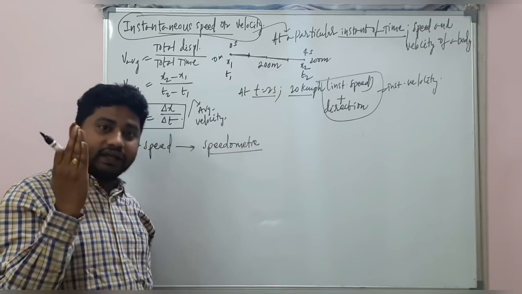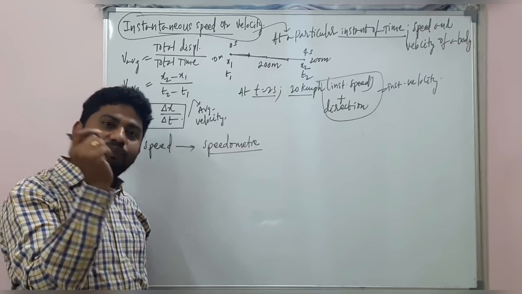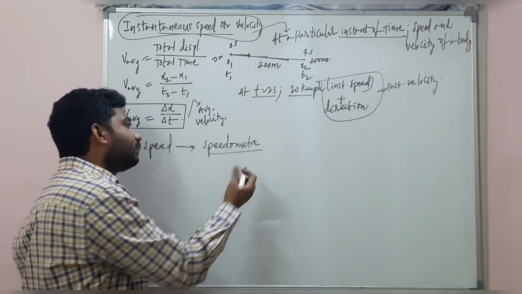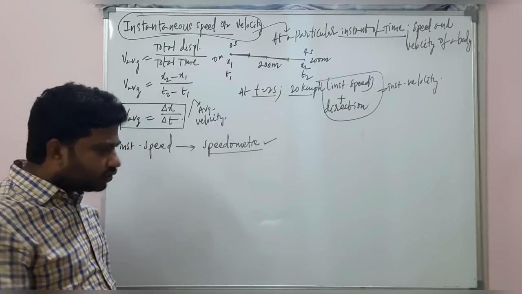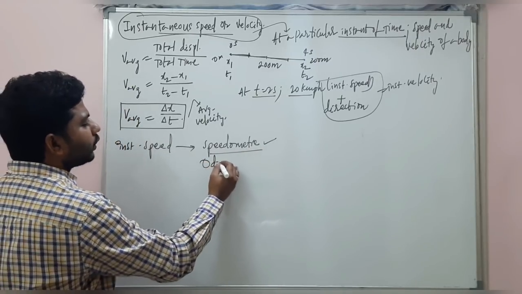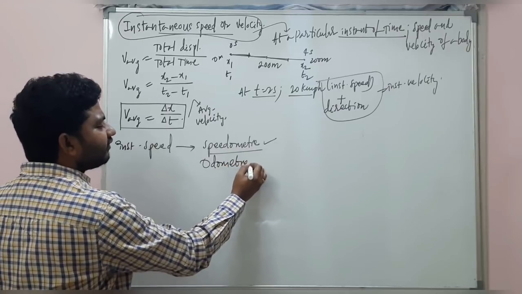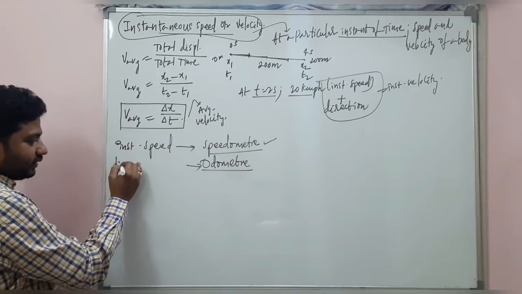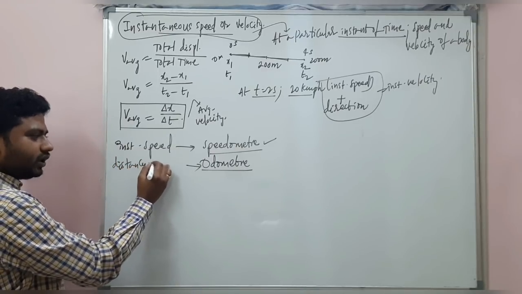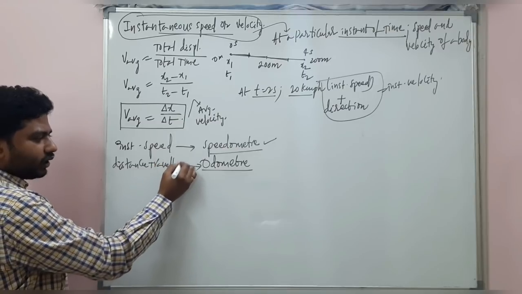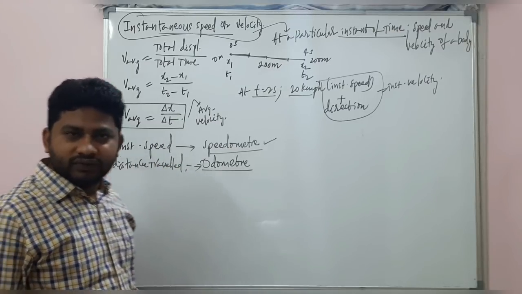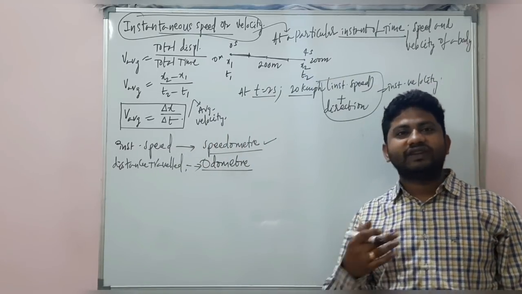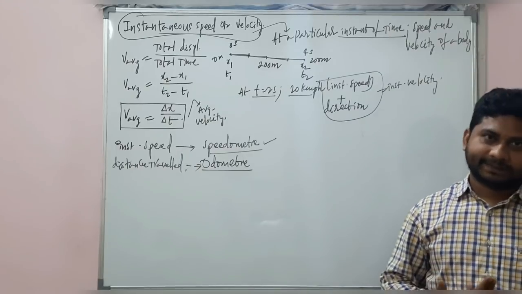That indicates that at a particular instant, the speed of a moving vehicle can be identified using the speedometer. In the vehicle, there is also an odometer. The odometer is the device with which we find the distance traveled by the body. This is the odometer and speedometer. I hope you remember all these things we discussed in our basics.